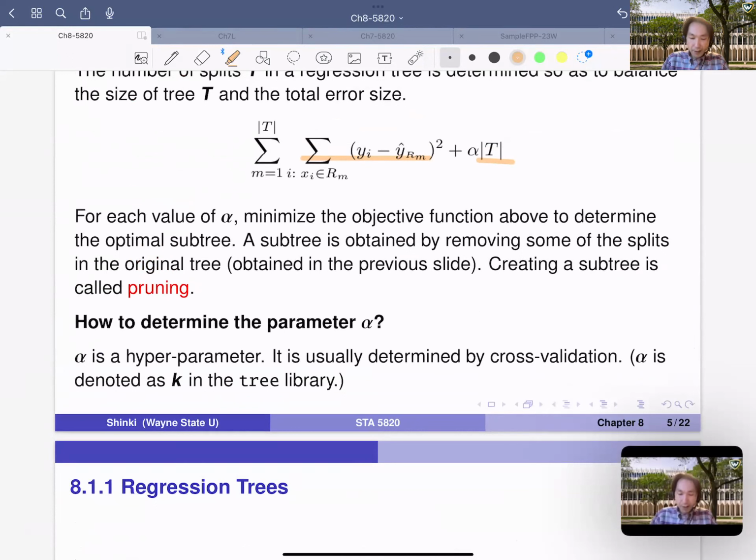The tree size T is discrete. If we have 100 observations and make the largest tree, the size T is either 1, 2, 3, up to 99, maybe 0 is also possible. So basically the alpha value corresponds to the size of the tree. As alpha gets larger, the obtained tree size gets smaller.